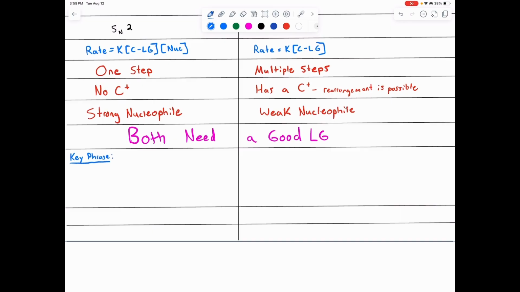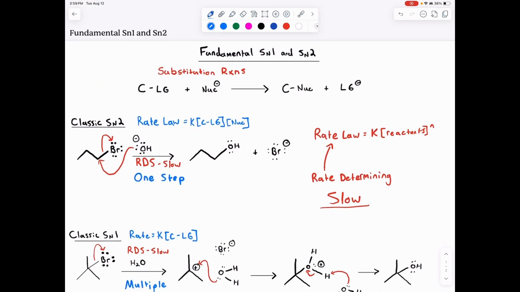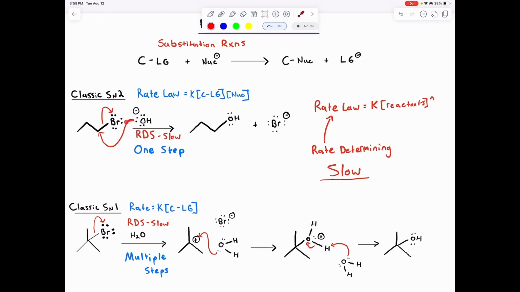So the key phrase that I want you to remember for SN2 is that since it happens in one step, your nucleophile needs space to kick out the leaving group.